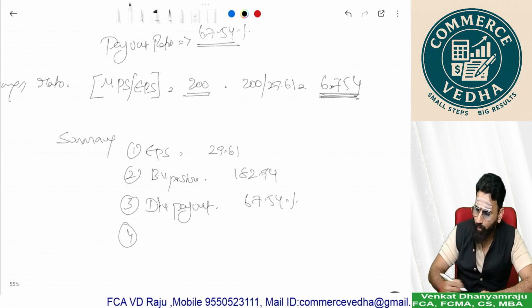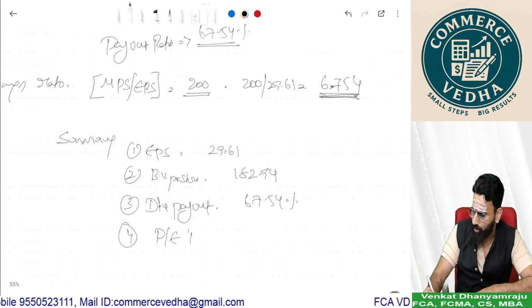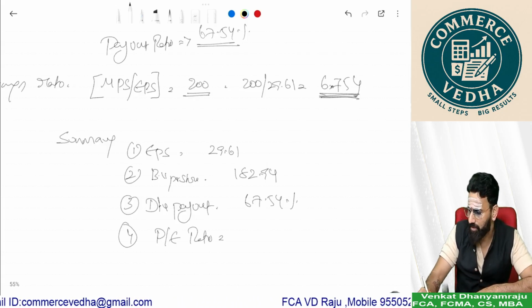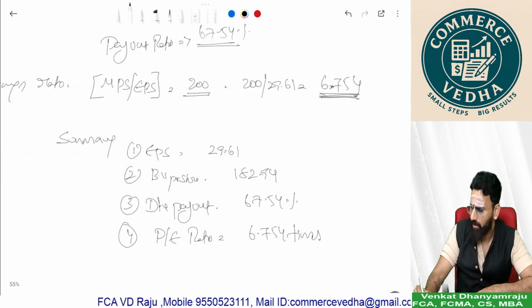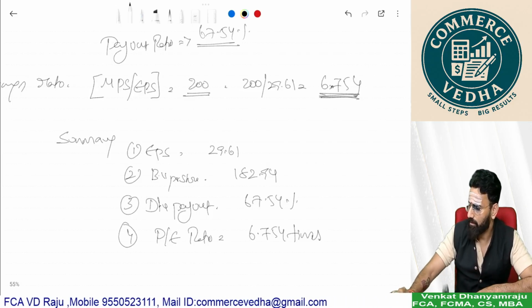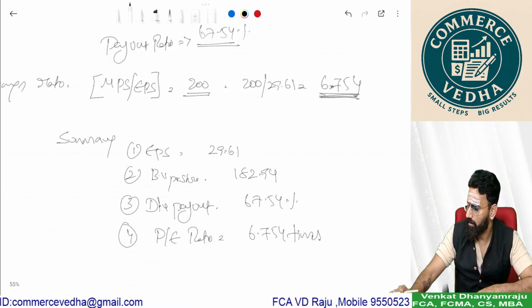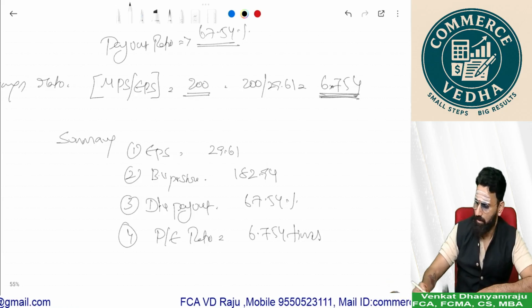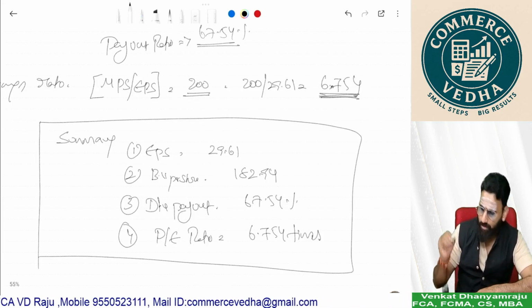And point number 4, your PE ratio, price to earnings, which is 6.754 times. This is the solution, a summary. With this, the solution is completed.